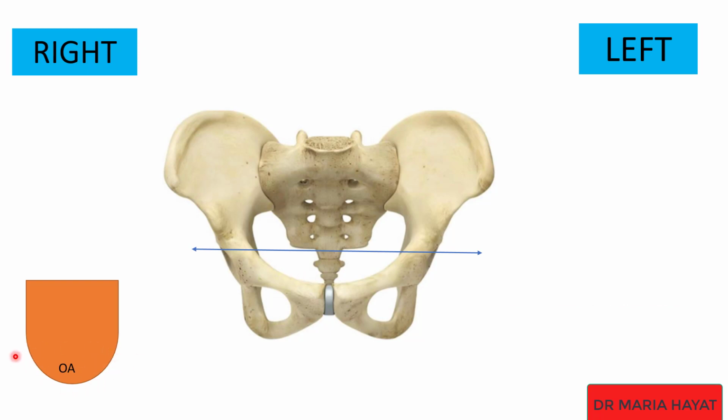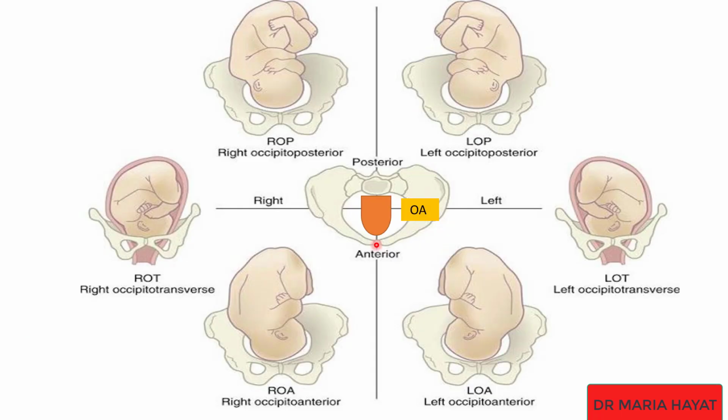And if this occiput is towards the anterior side of the pelvis, we will say that it is a normal position, that is occiput anterior. So first of all, you should know that if the fetal occiput is towards the anterior side of the maternal pelvis, it is called occiput anterior.